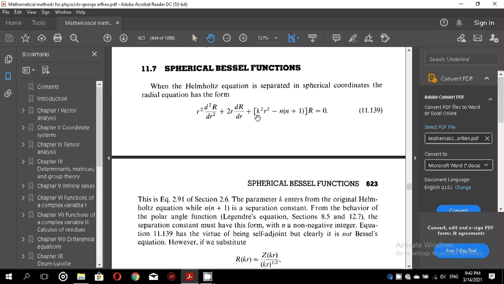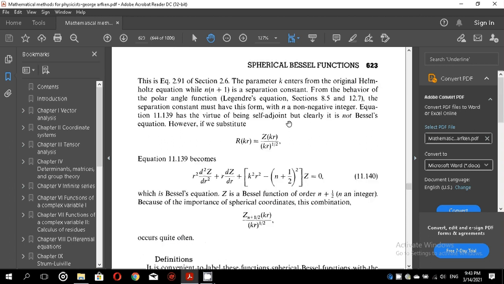So this is not actually the Bessel's differential equation, but with a little bit of labor by changing the dependent and the independent variables, we can convert this equation into a Bessel's differential equation.